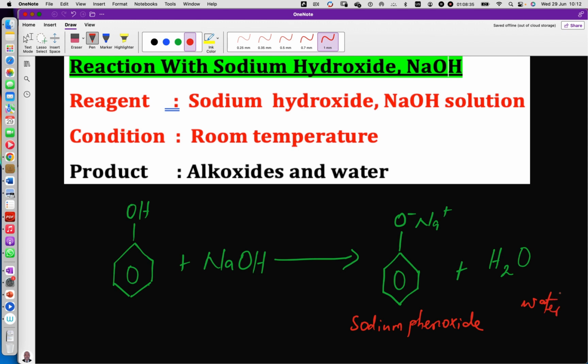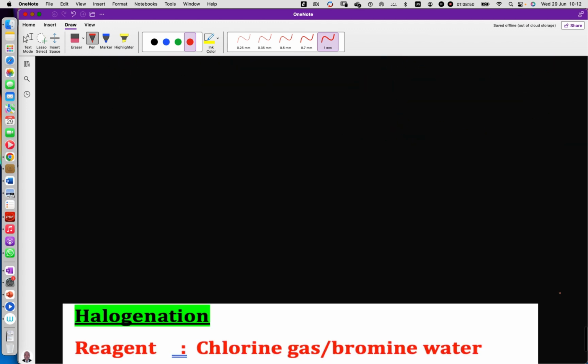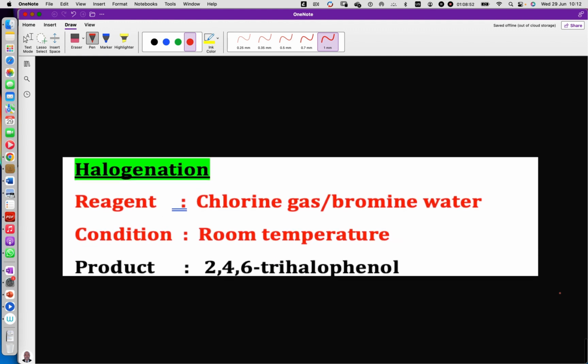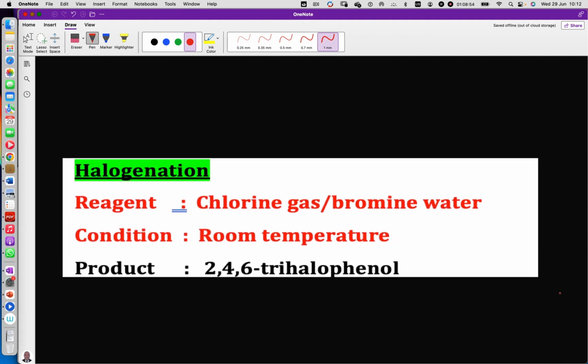And the last reaction for this group is a reaction with halogen. That is halogenation.